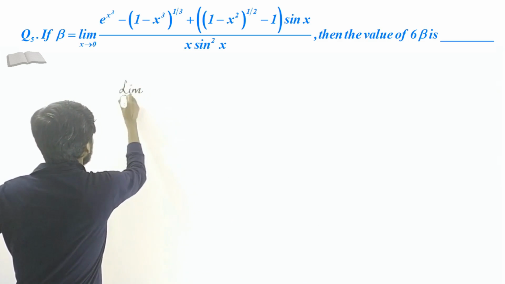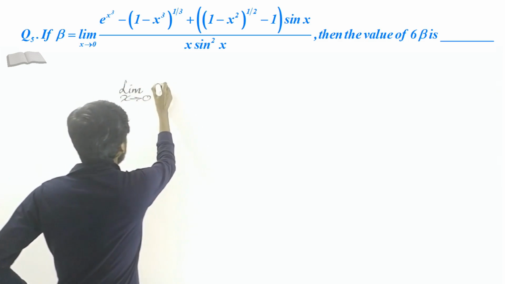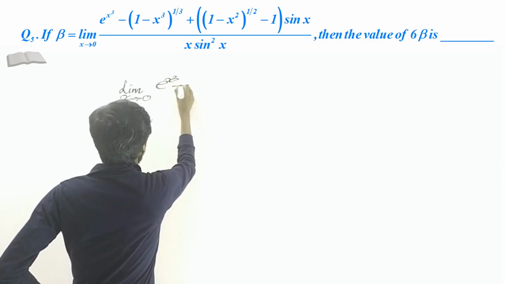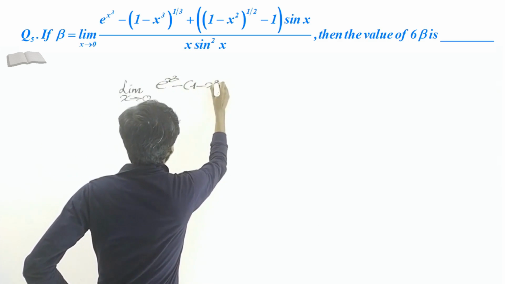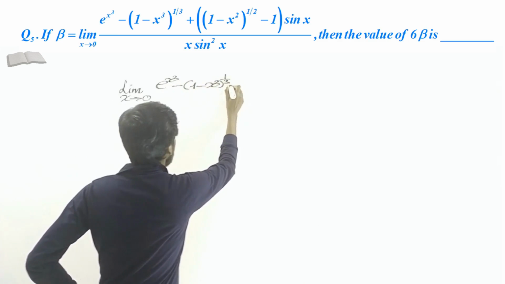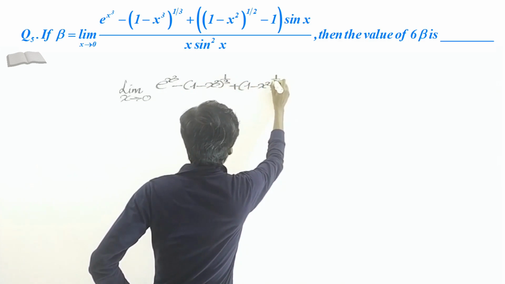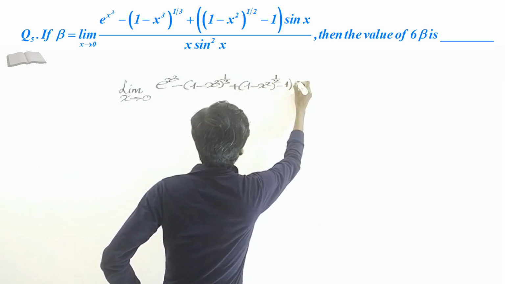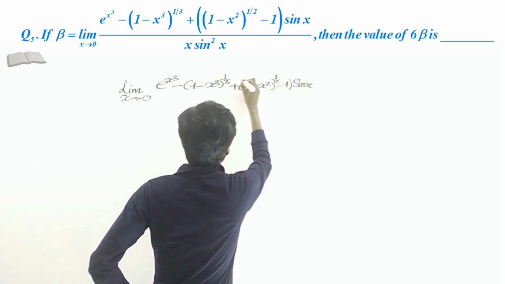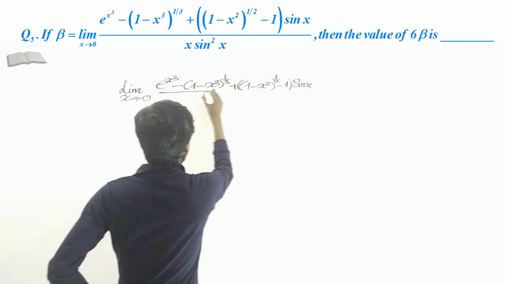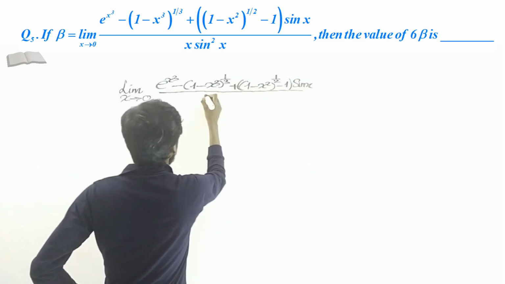So limit x tends to 0, e to the power x cube minus 1 minus x cube to the power 1 by 3 plus 1 minus x square to the power half minus 1 multiplied by sine x. Okay, so this is the numerator. It is divided by the denominator x sine square x.